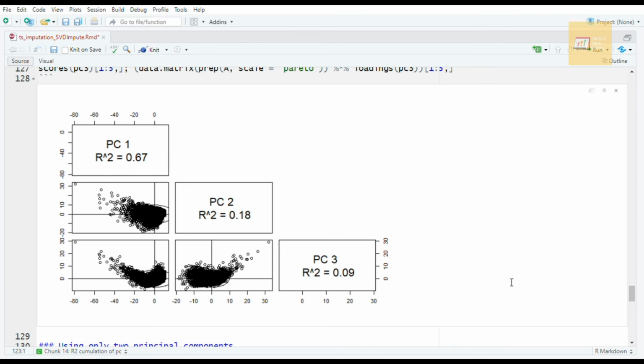Now recall that the columns of matrix V are orthogonal, so they can be seen as the new coordinate system. And so these 3 plots are the scatter plots of the data using this combination of principal components. And then we can also get the r squared, or the proportion of the variance explained by each principal component.